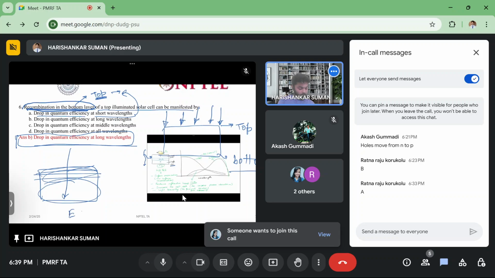Why is this? You know, if alpha is high, what will happen? The light will be absorbed quickly, and if alpha is low, the penetration will be high, inversely proportional.